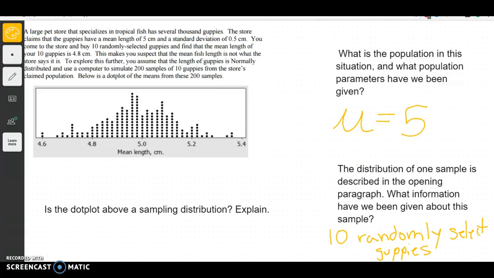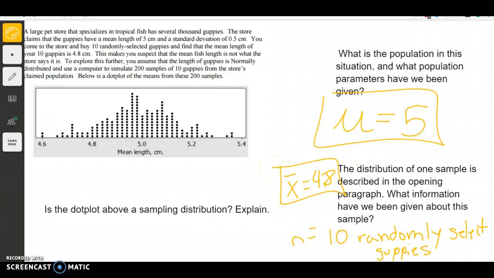We could further say that our n, our sample size, is 10. The other thing we could say is x bar, for this case, is 4.8. So again, this is my parameter, and this would be my sample, which would be 4.8. And for the parameter, you want to use the mean symbol mu, and for our statistic, you want to use the x bar symbol.